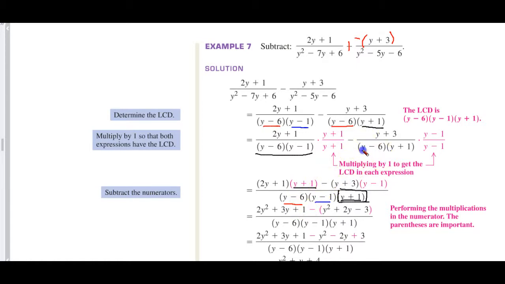And then what does this one need to make it this denominator? And you might say it needs this one, y minus 1, which they're doing right here. So now what happens? Well, you're going to need to FOIL this and get that. FOIL this and get that. Don't forget that negative sign is out there.